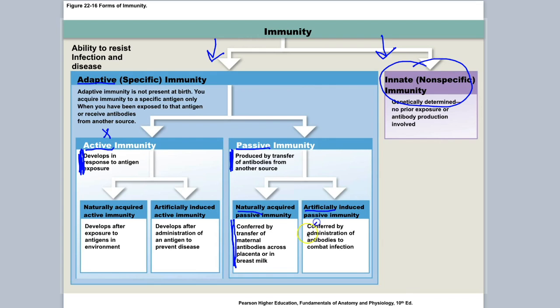So we do this if a person gets rabies, or if we suspect a person may get rabies.